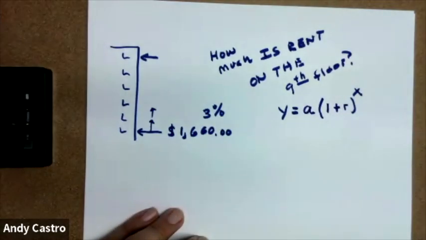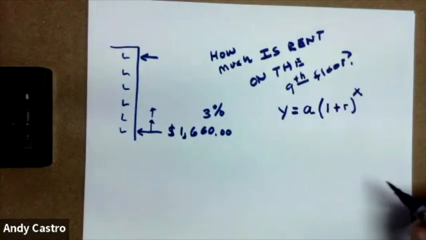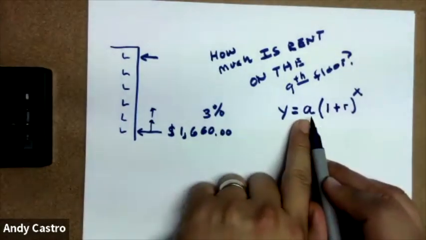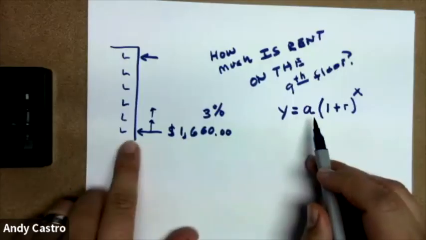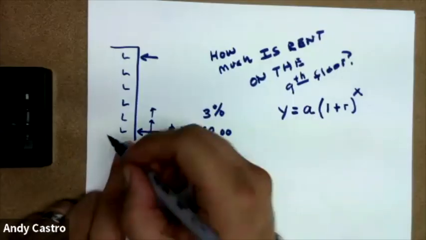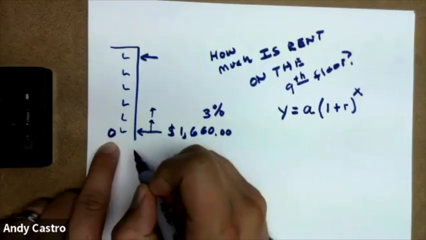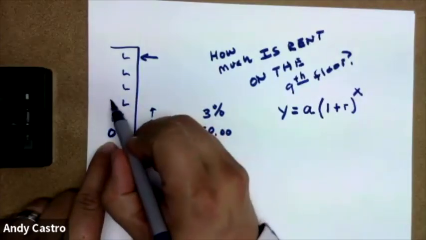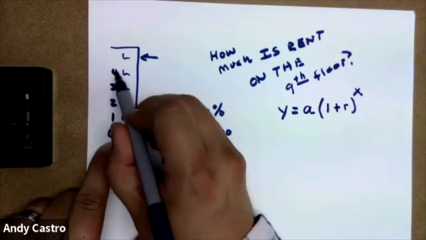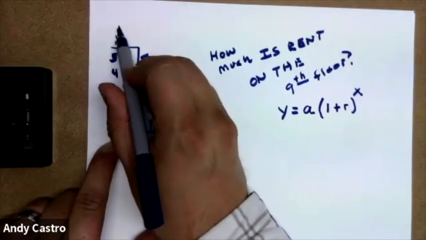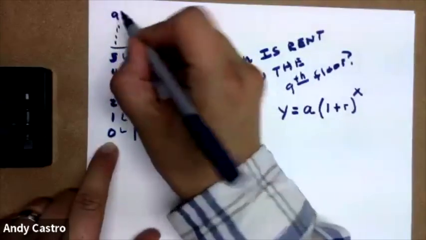All right. So what is our initial value? That's right here. We could think of this as floor 0. This is floor 1, 2, 3, 4, 5, so on and so forth until we get to floor 9.